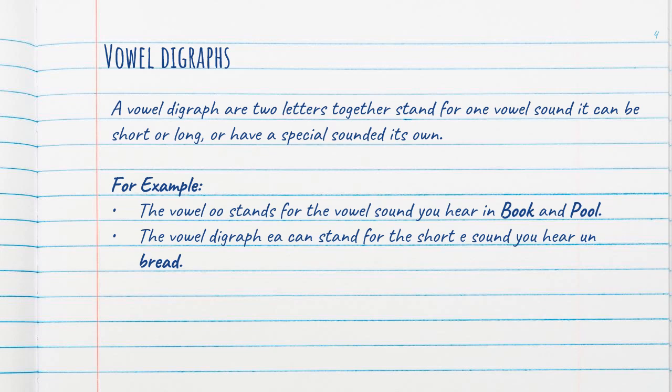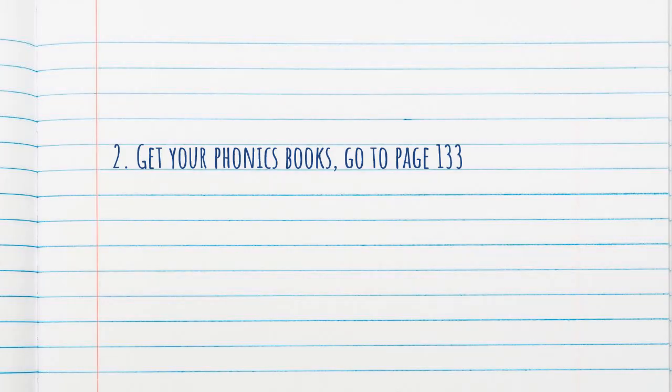The vowel diagram EA can stand for a short E sound you hear in red. You cannot hear the A. You hear a short E sound. Red. Can you hear it? Great, guys. You understand about vowel diagrams?